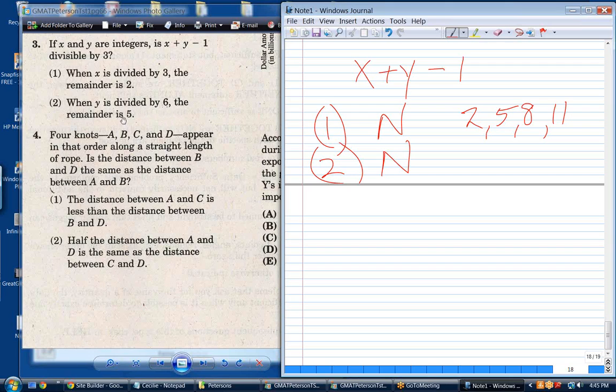Y divided by 6 has a remainder of 5, so what kind of numbers might these be? 11, 17, 23. The pattern here is that they're all separated by 6.